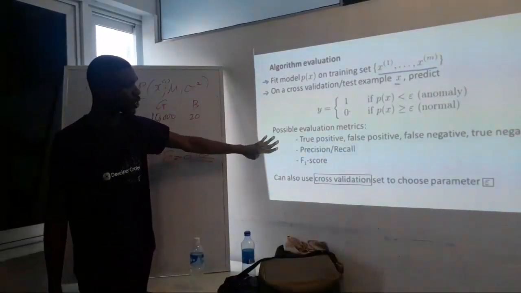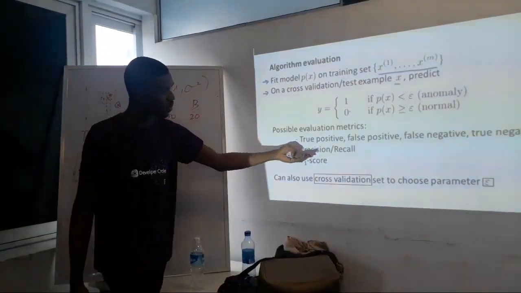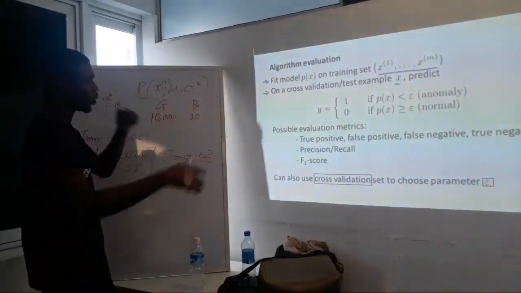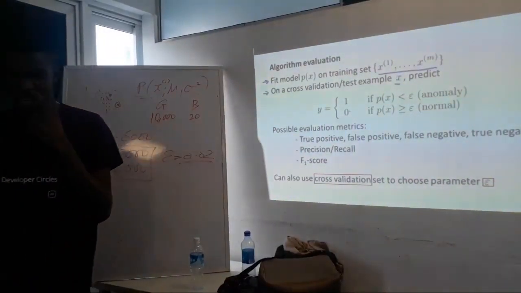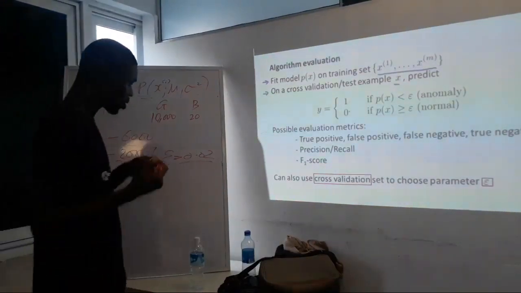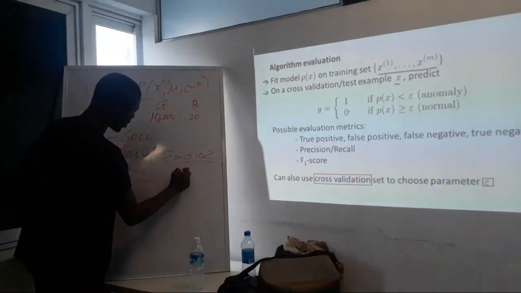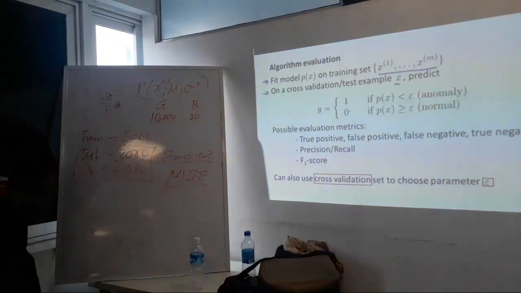Then our metric here. What he said was that for the metric, you can use true positive, false positive. You can also use F-score. So our metric here is more or less like, what was this stuff again? Mean square error.